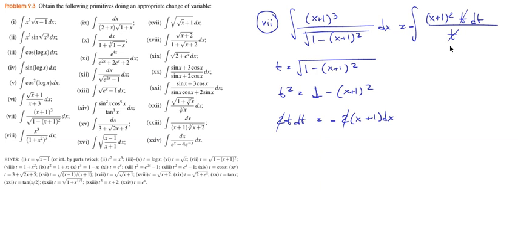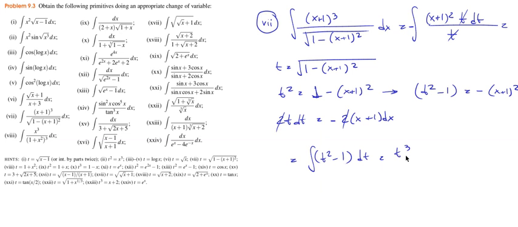So t and t go out, and you have to write x plus 1 in terms of t, which is t squared minus 1 is equal to minus x plus 1 squared. So this is equal to the primitive of t squared minus 1 dt.